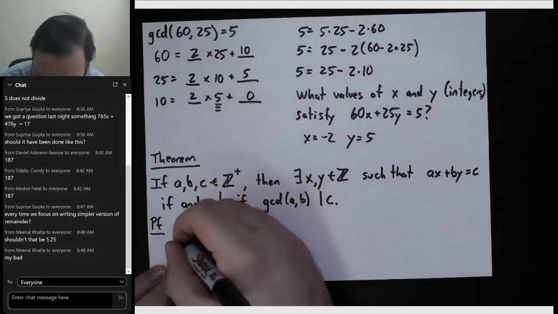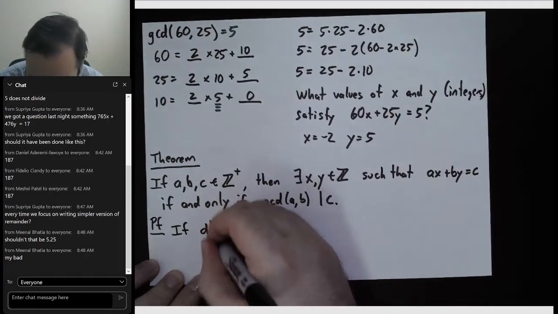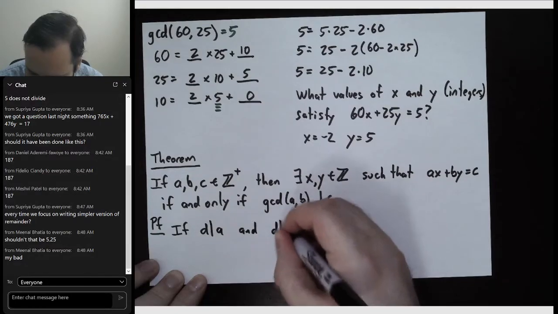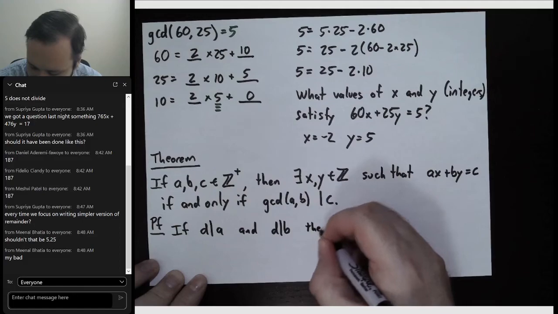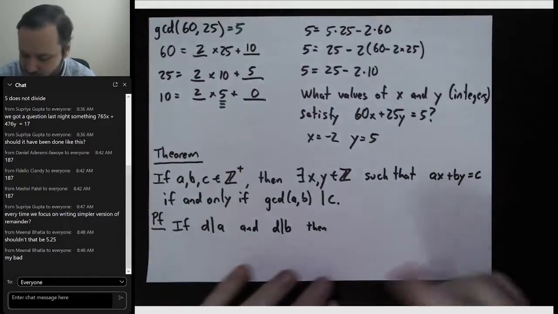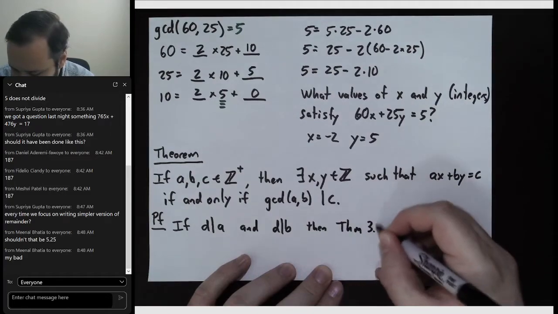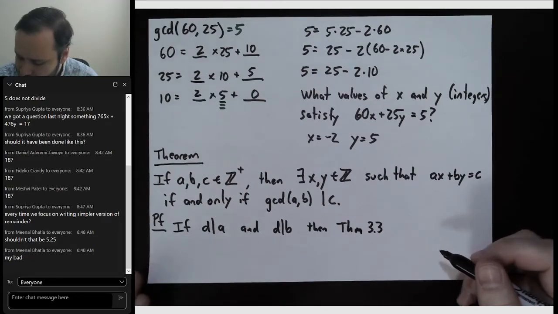So first of all, if D divides A and D divides B, then we have one of our theorem 3.3s. Theorem 3.3, I want to say F offhand, but I'm not sure.